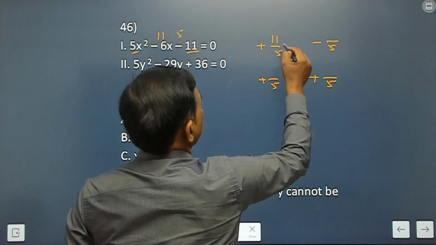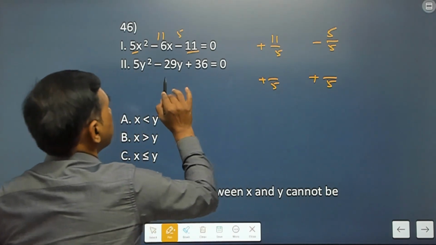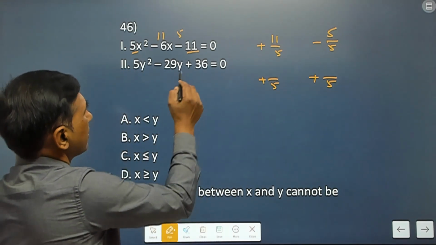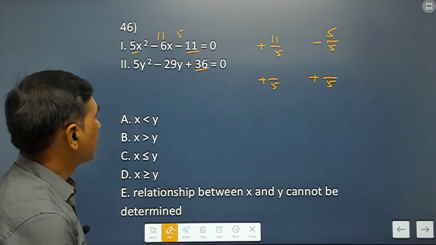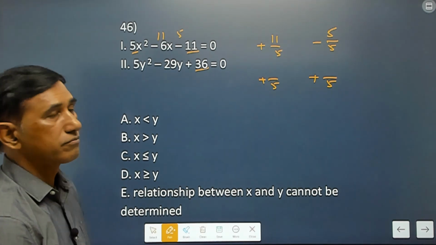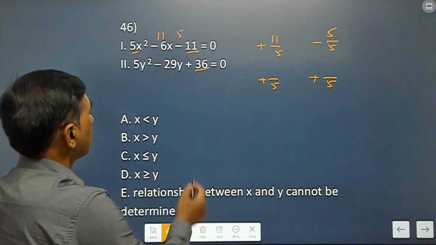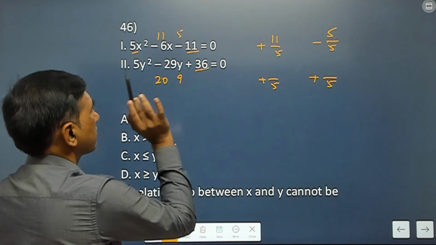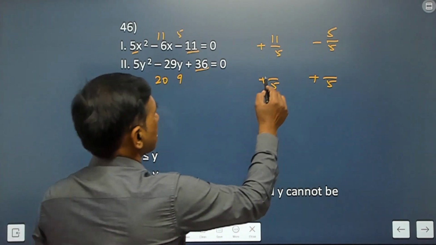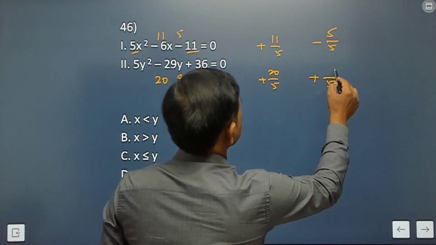So this will be 11 by 5 and 5 by 5. Here 36 has 9 as a factor. So basically we can say that 20 into 9, 180, 36 into 5, 180. So this will be 20 and 9.